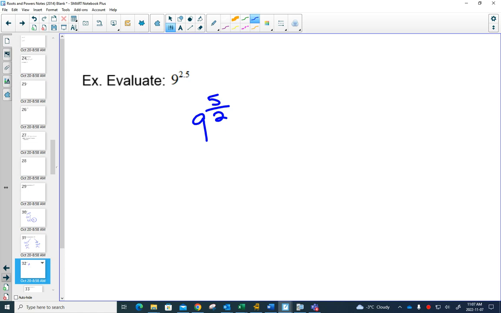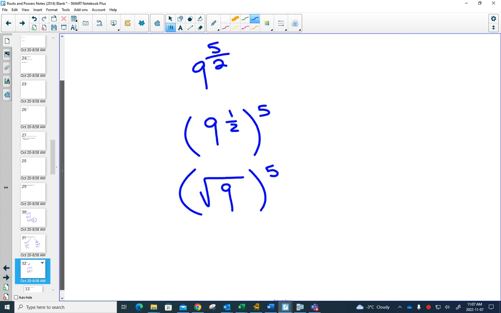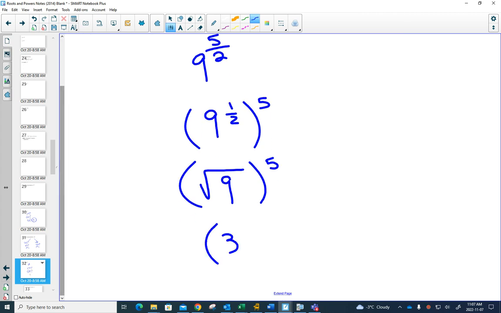And then I would probably, right, you can choose whether you want to do the power of 5 first or the half first. Mental math-wise, doing the half first is easy. 9 to the 1/2 is the same as square root of 9, which is 3.